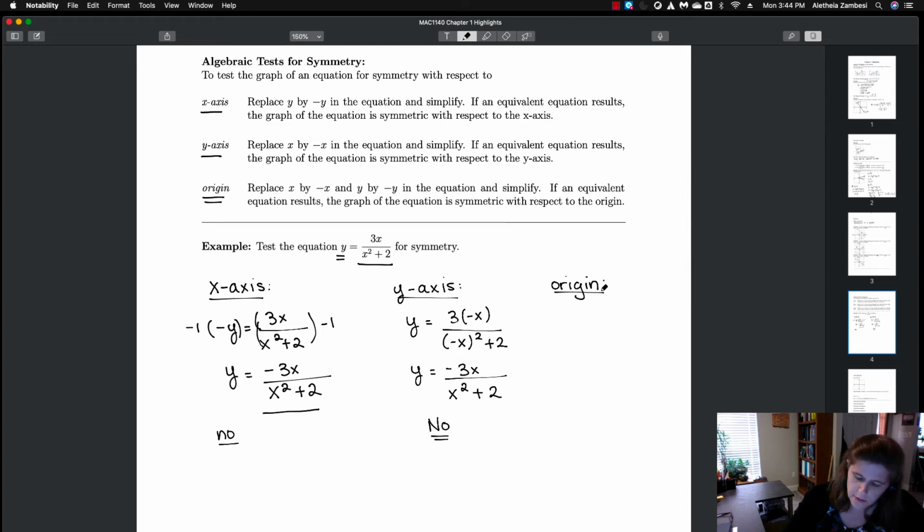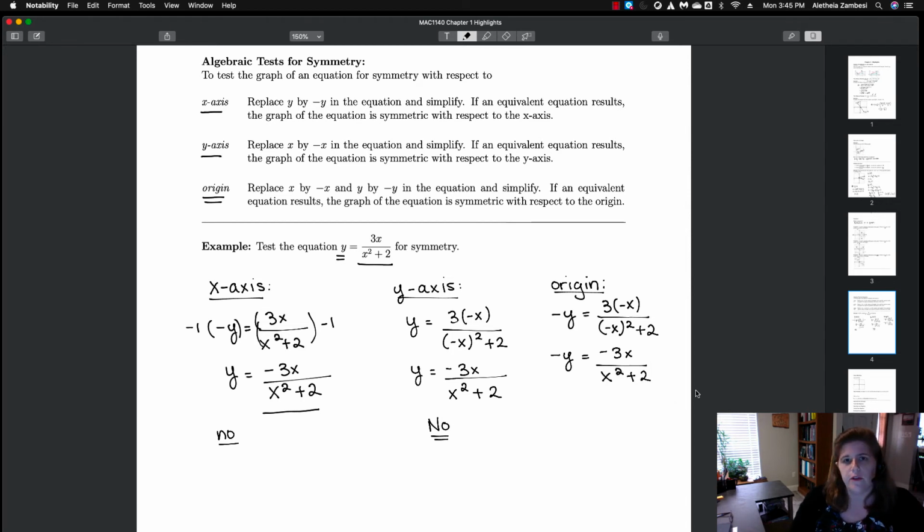As far as origin symmetry, in origin we replace them both. So -y is equal to 3 times -x divided by (-x) squared plus 2. Now I've already simplified this side in the previous step, so -y is equal to -3x over x squared plus 2.